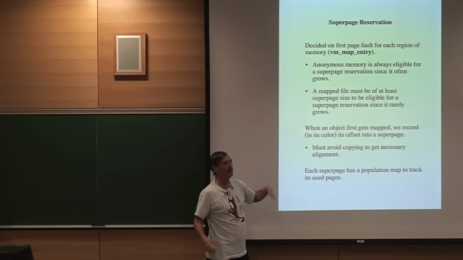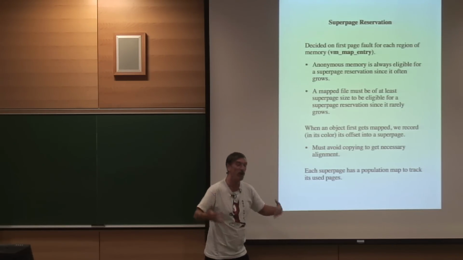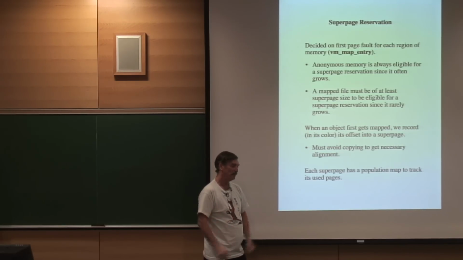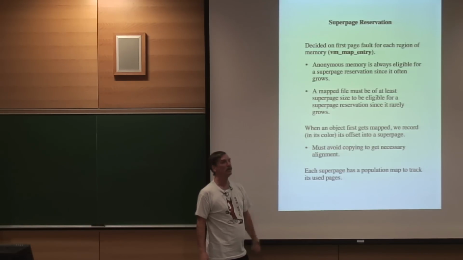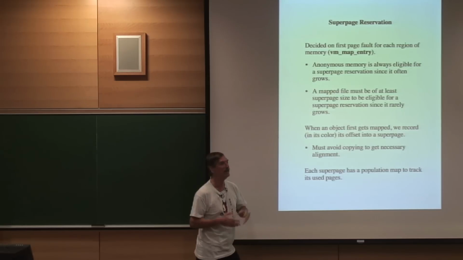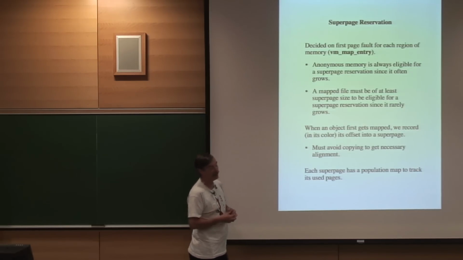So the point is that if at all possible, you want to just analyze the applications, the processes that are running, and decide, this one looks like a sensible thing to be using superpages for, so let's go ahead and try to do that.